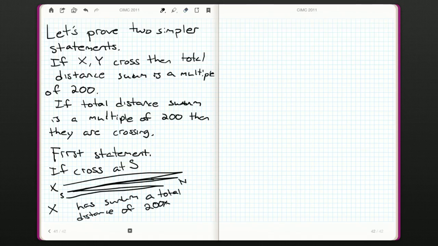Okay? It's some multiple of 200. To go from S to N back to S is 200. So to be arriving at S, you must have done that multiple times.